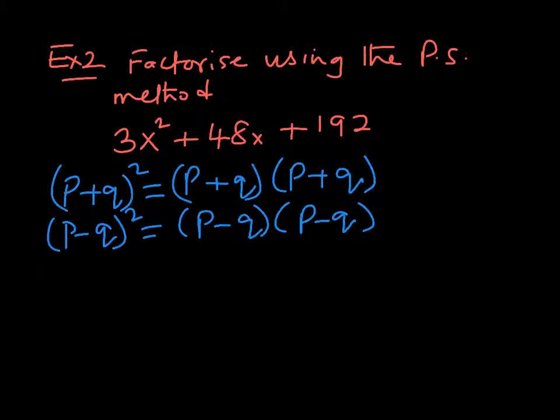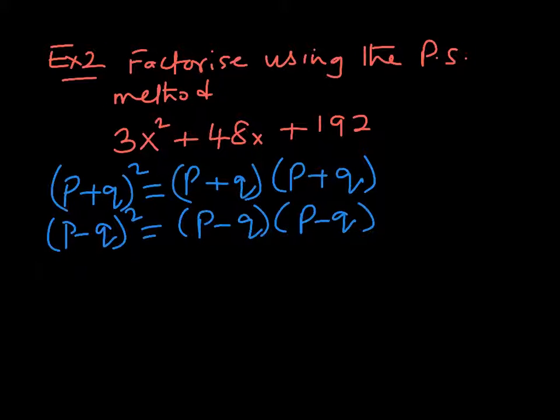Okay, so now let's examine this expression. Is it a perfect square, just like we did the last time? It doesn't appear so with just one look, but let's try and do something to this expression.